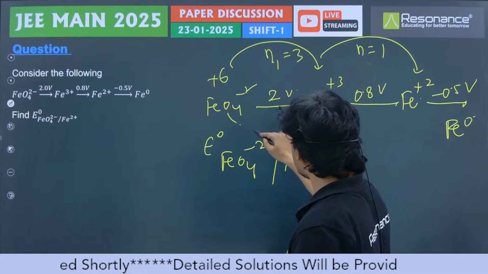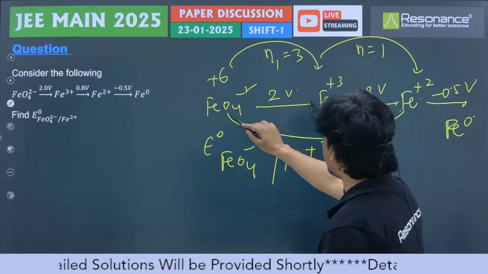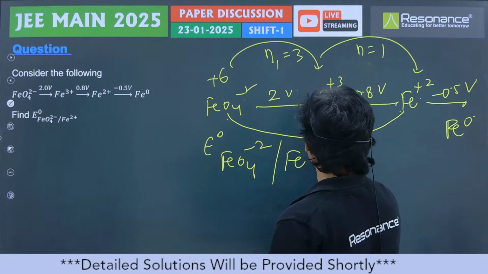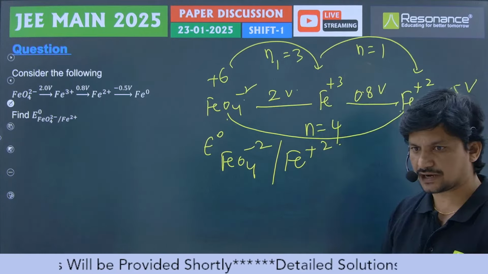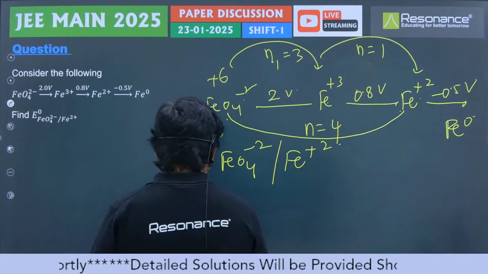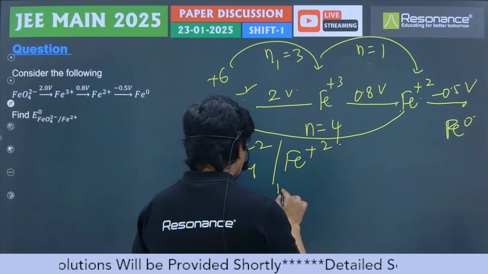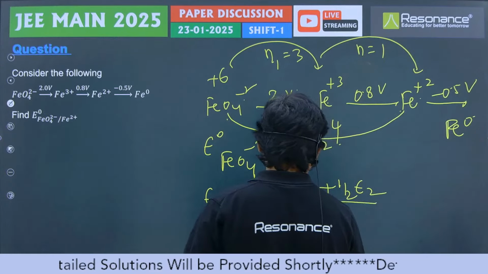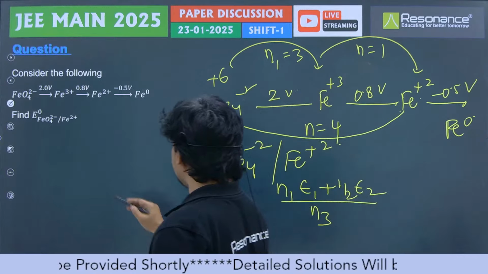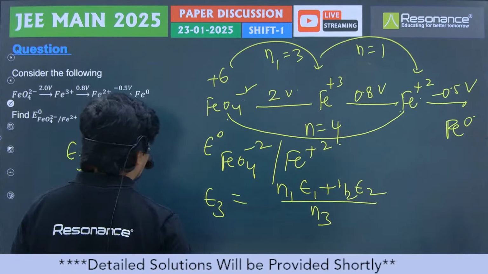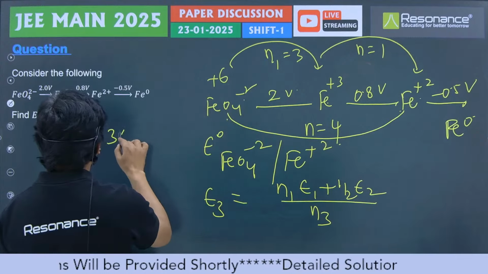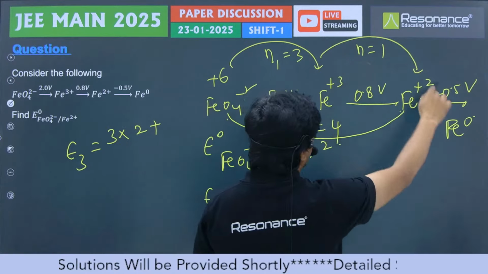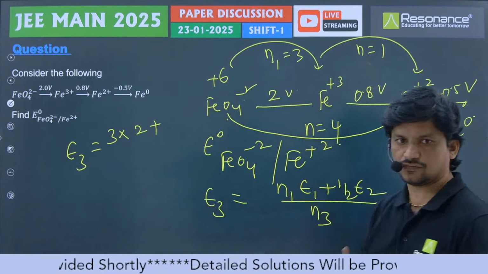Then what is the question we have to find out? FeO4 -2 to Fe +2. Here +6 to +2. How many electrons are involved in the reaction? 4 electrons. Then E3 is equal to n1E1 plus n2E2 by n3. What is E3? n1 is how many electrons are involved? 3 into 2 plus, and here Fe +3 to Fe +2, how many electrons are involved? 1.